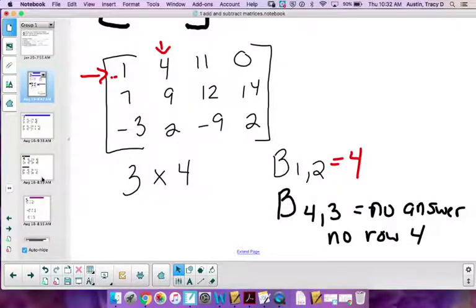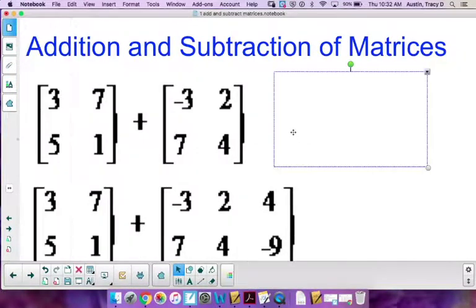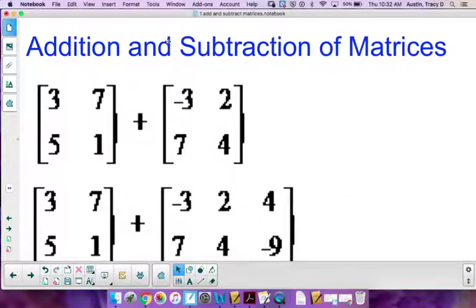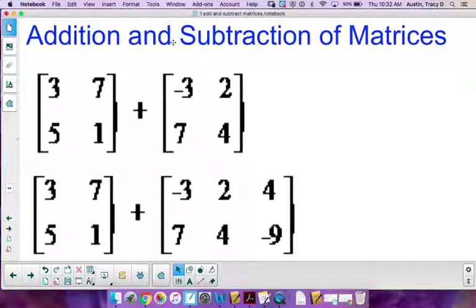Okay, so let's talk about adding. Now, adding and subtracting matrices is pretty easy. The only rule is that your dimensions have to match because you add piece to piece. So like here, we would say 3 plus -3 because it's in the same spot, right? We would say 7 plus 2, and 5 plus 7 and 1 plus 4, right?